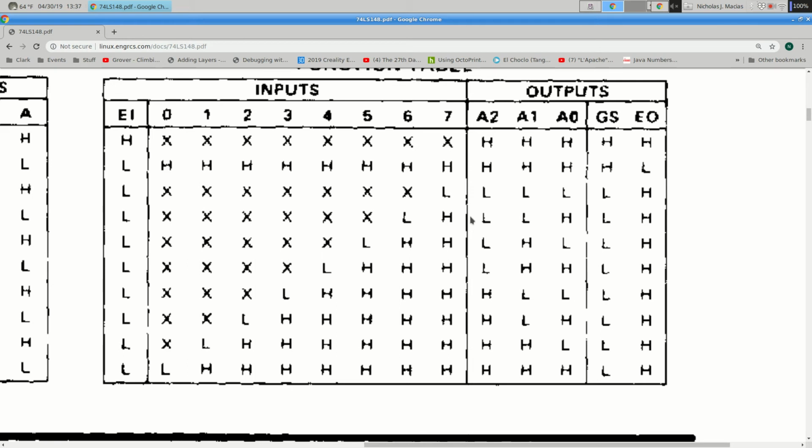Gate select. I'm going to guess here, because I don't play with these, that gate select mimics what the enable input is. So you could use that to enable or disable further chips down the line. So you can just drive this one low and the others would get driven low. But I'm not sure what EO is, because it looks like it's almost just a complement, except for that first case.